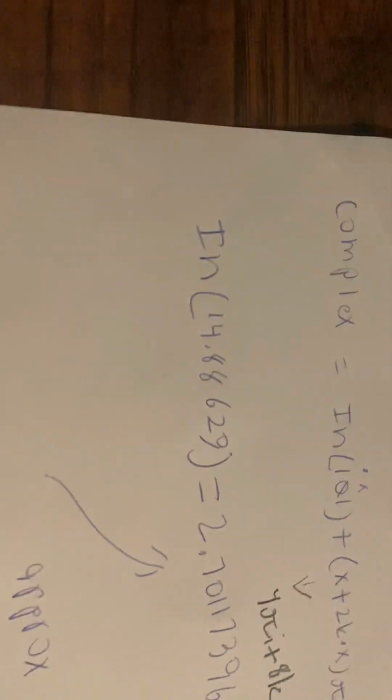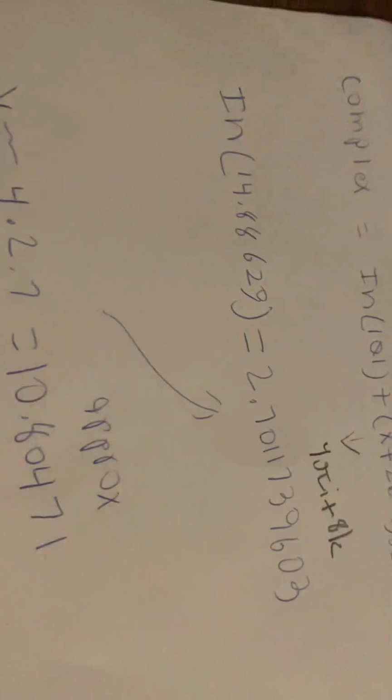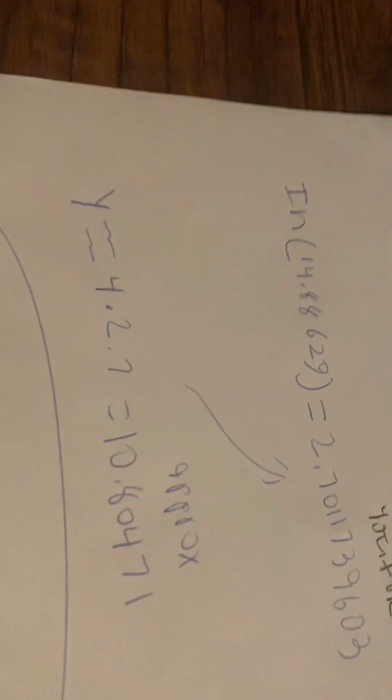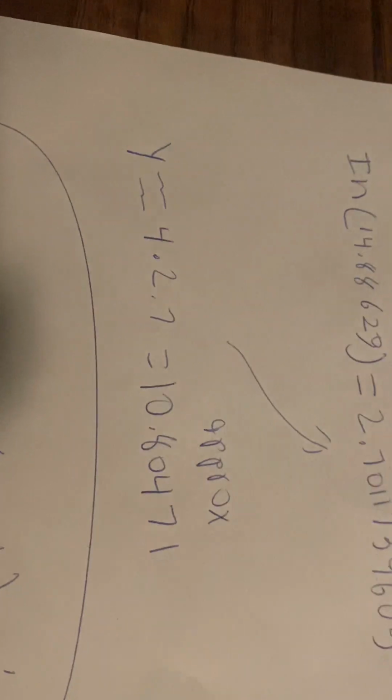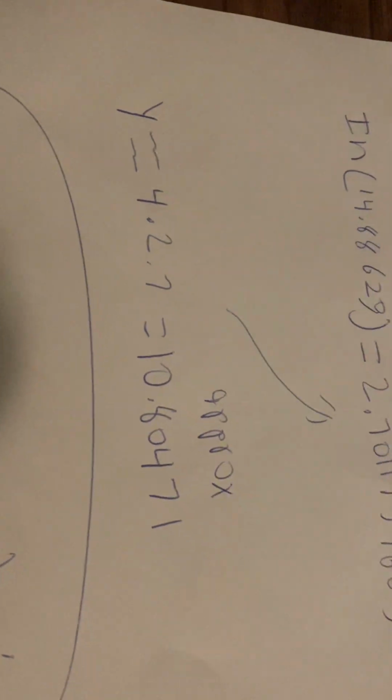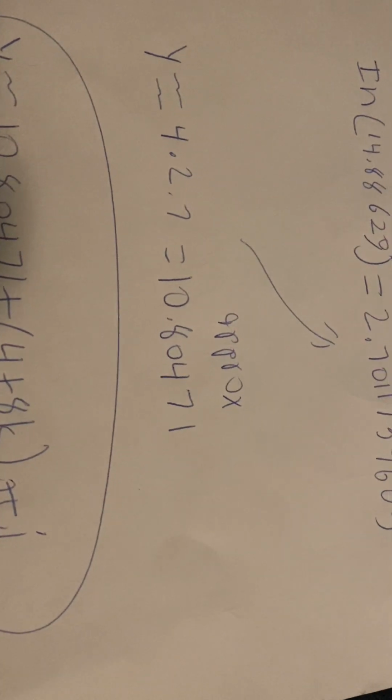If we use e to the power of what equals it, we get about 2.7, which is the same value as e, surprisingly. Then we could approximate it, but we don't have to. We're almost at the final answer. It would turn out that y is approximately equal to 4 times 2.7, the top equation, which simplified would equal 10.80471, which is our final answer.